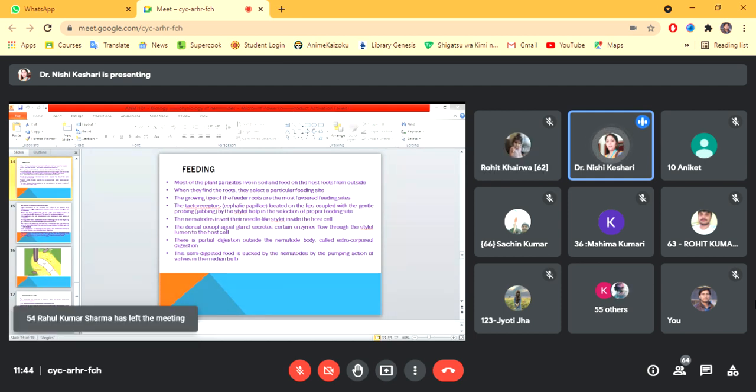This semi-digested food is sucked in by the pumping action of the valve in the median bulb that I showed you in the picture. The median valve starts pulsating very fast whenever the nematodes feed at a point. But when the feed is complete, this median valve stops, and they remove their stylet to another part of the root, and again the same process starts.